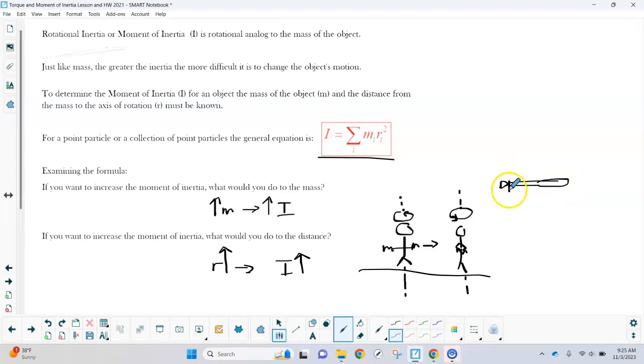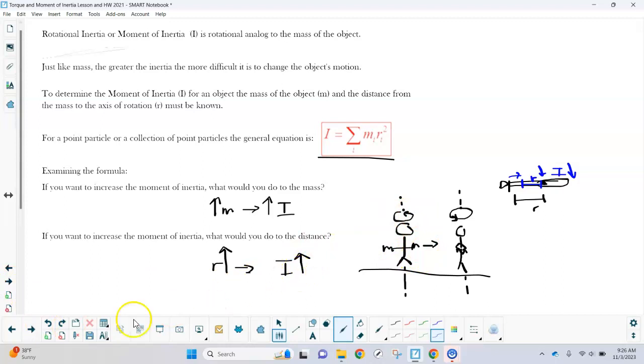If you're holding the end of the bat here, the mass of the bat is mostly concentrated in the head, so that distance from there to there, that's R. If you choke up on the bat, you're moving your hands further up the handle, so that R value has decreased. If you decrease R, you decrease I, and that makes it easier to rotate. That's why your coach told you to choke up on the bat if you need to swing the bat through the zone quicker.